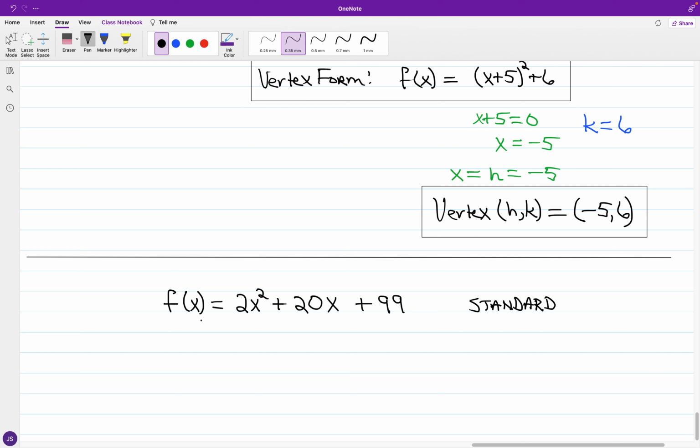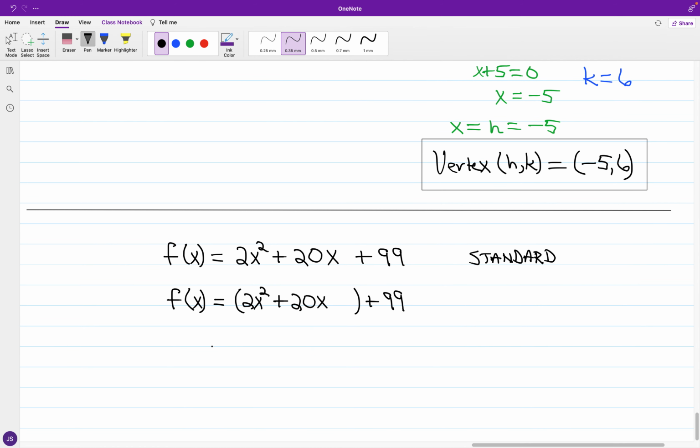Okay, so looking at the process, once again, separating the variable terms apart from the constant. Okay, so I got the quantity 2x squared plus 20x plus 99.